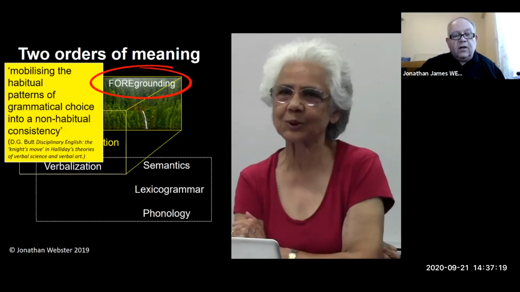Probably is a waterfall. But that waterfall stands out. It's striking. It's unlike anything else there in that picture. It's foregrounded. It's brought to the fore, brought to the front against a background of what's behind.